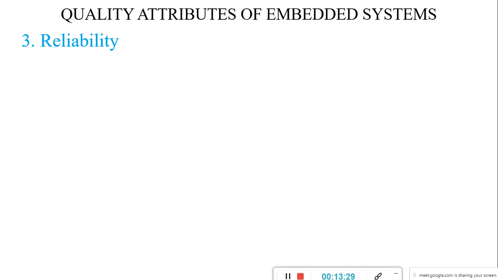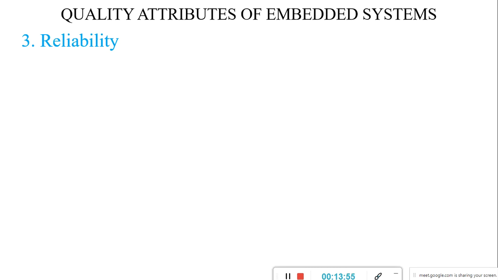Next, the third important quality attribute of an embedded system under operational quality attributes. Once again, all these apply whenever a system or embedded system is in operation mode, right? When I talked about the response of the system, it means that the response is measured while the embedded system is in operation.